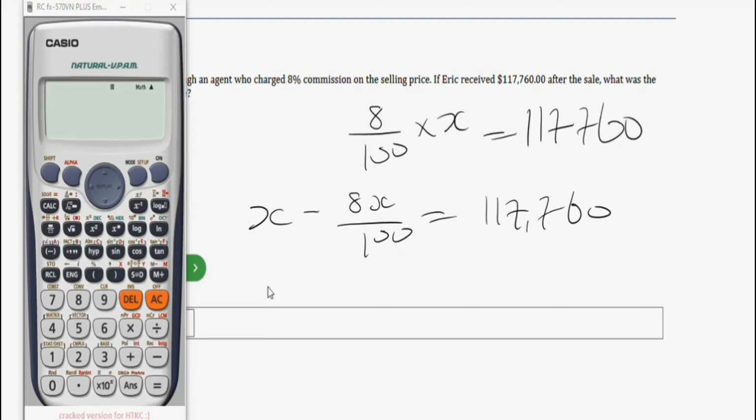So we're going to make use of the equation solver. First, let's reset: press shift 9, full instructions, press 3, press equals, and press equals again.